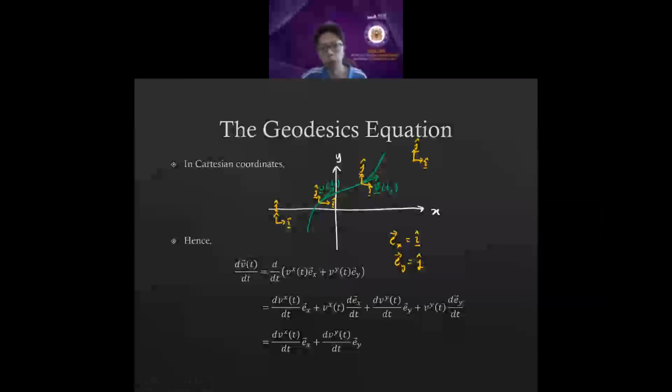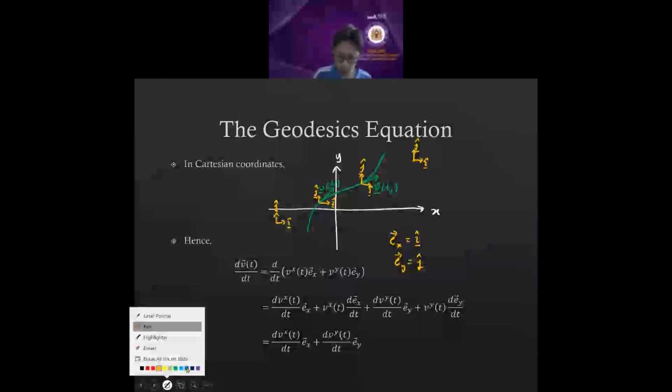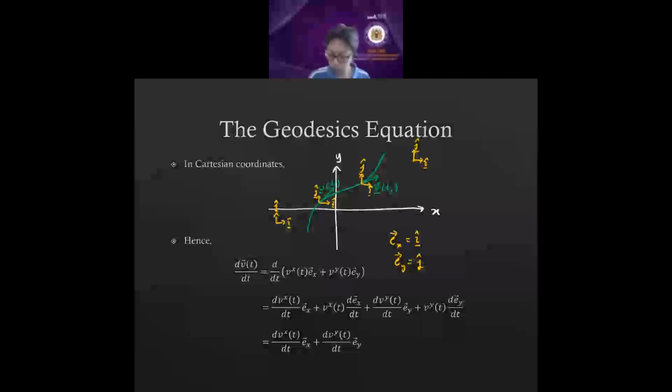In the Cartesian coordinates, the basis vector doesn't change. So we have that this is equal to 0, this is equal to 0. So you are left only with this term and also this term.